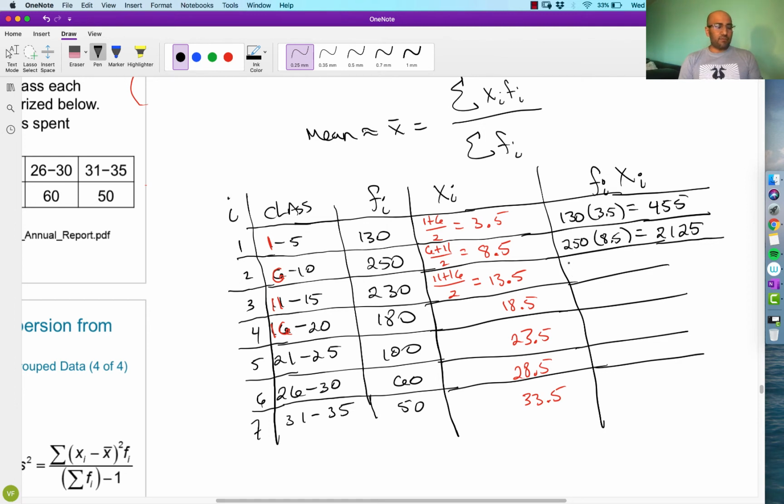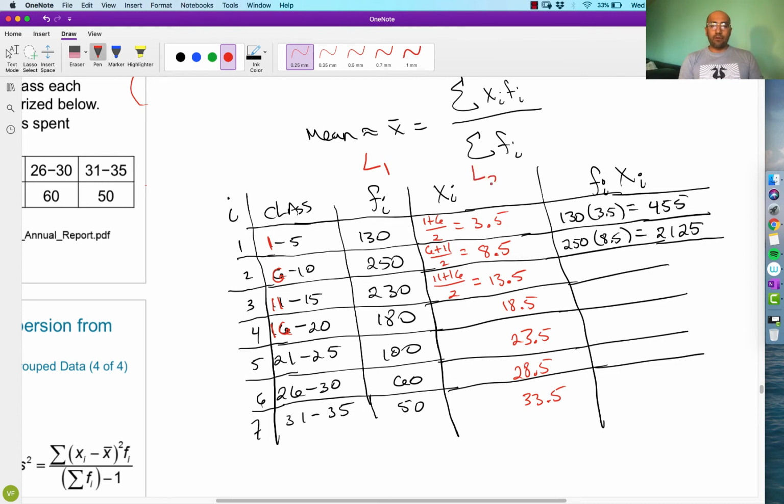Okay, now let's get some technology in our life. Let's do this using column operations like we did before. So I'm going to use my calculator. I'm going to put these values onto list 1, right? Not the classes. I don't want to put that in my calculator. I want to put the frequencies, and I want to also put in the class midpoints.